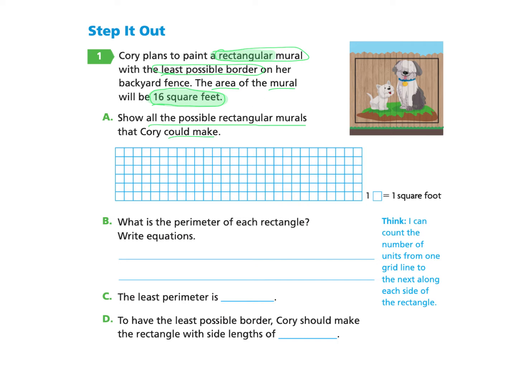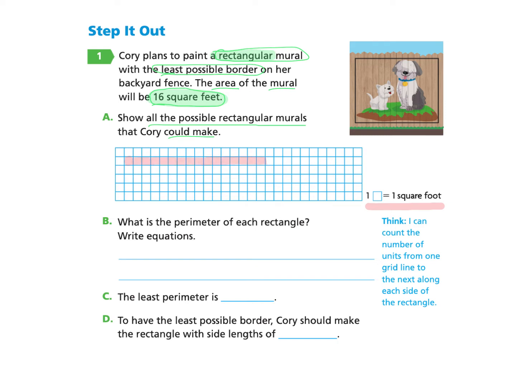So if you'd like to pause and try this on your own, you can do that, or you're welcome to follow along with me. As a reminder, 1 cube equals 1 square foot. So I'm going to start by making just the easiest one that I can think of, which would be if I fill in one of these and I go across 16 squares.